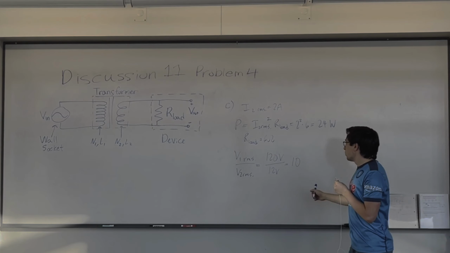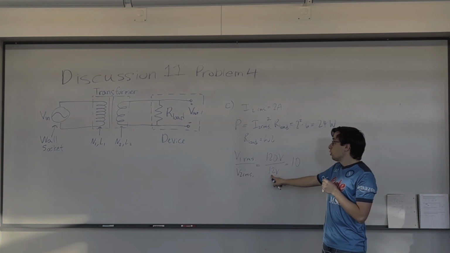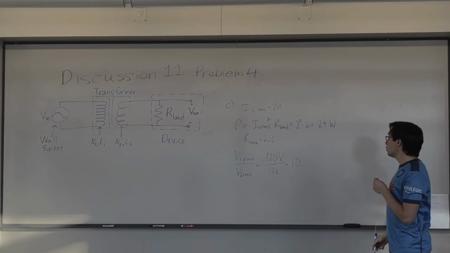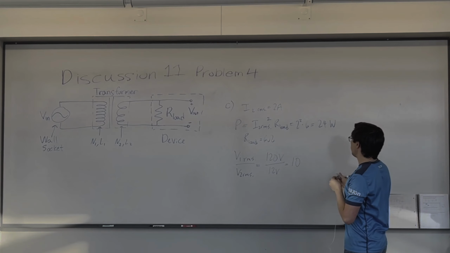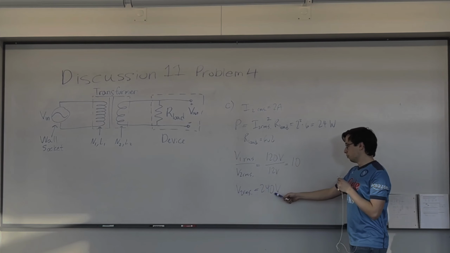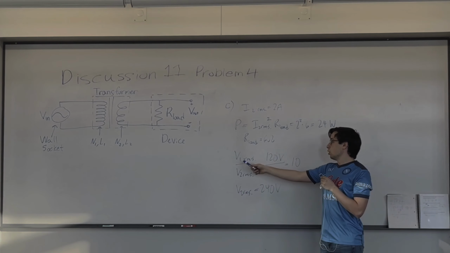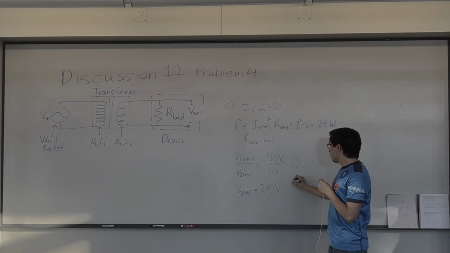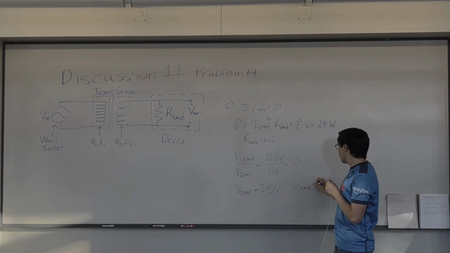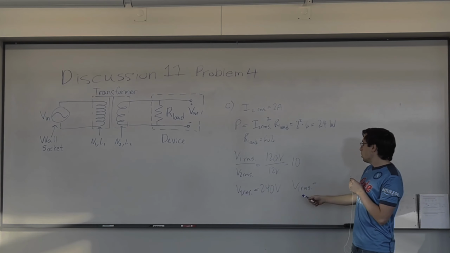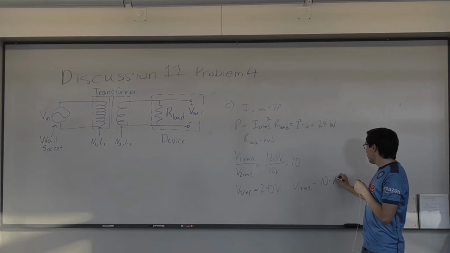And so if instead of a 12 volt output, we have a 240 volt input, so we are asked to consider V2 RMS equals 240 volts. And so now, instead of knowing V1 and wanting to find V2, we know V2 and we want to find V1. And so using this ratio, we can say that V1 RMS is going to be 10 times V2 RMS.